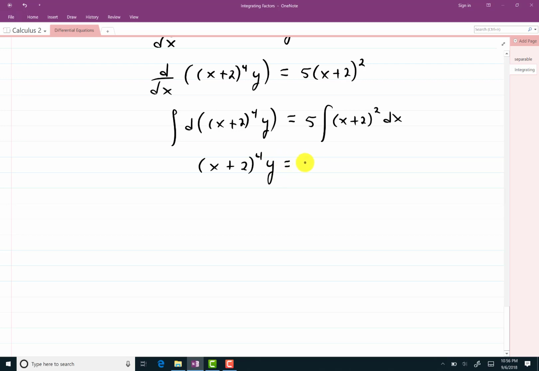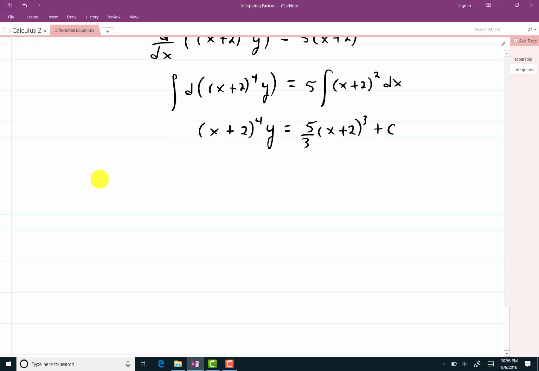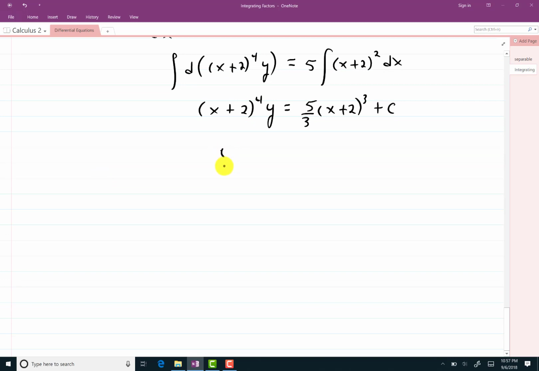And on the right hand side, I got 5 thirds times (x plus 2) to the third plus c. Once again, leave your answer like that, or divide through by (x plus 2) to the fourth, and you can get y equals 5 thirds times (x plus 2) to the negative 1 plus c times (x plus 2) to the negative 4.